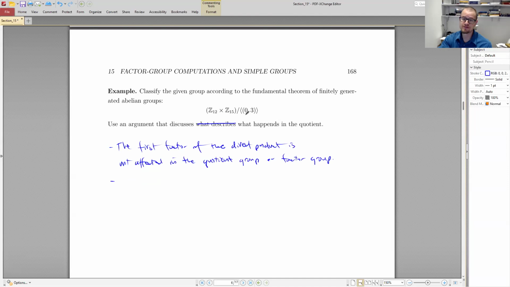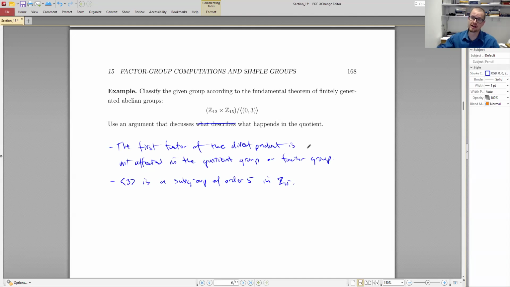What's happening on Z15 then? Well, the subgroup generated by 3 is a subgroup of order 5 in Z15. So when I take this thing of order 15, right, Z15, and I'm going to divide by something of order 5, which means that the result, 15 divided by 5, should be order 3, is the right idea.